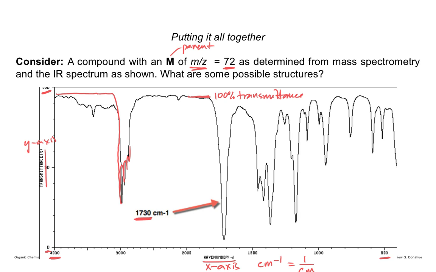And then you see it starts to dip down. It spans some certain wave numbers, and then it goes back up. So that's a signal. And that particular signal, the way it looks in that region, belongs to a carbonyl group.